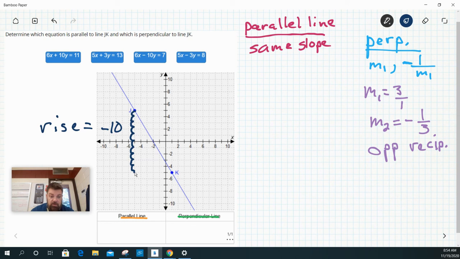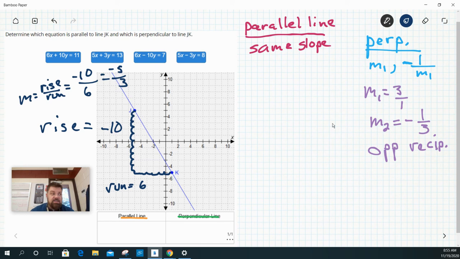Now for my run, I'm going to go over 1, 2, 3, 4, 5, 6. That's my run. So the slope is the rise over run, which is negative 10 over 6, and if I divide the top and bottom by 2, that reduces down to negative 5 over 3.